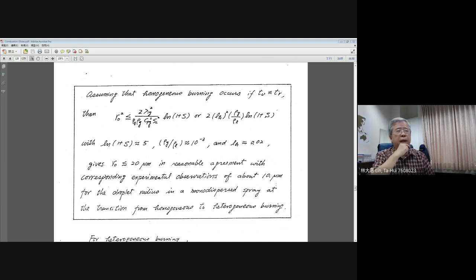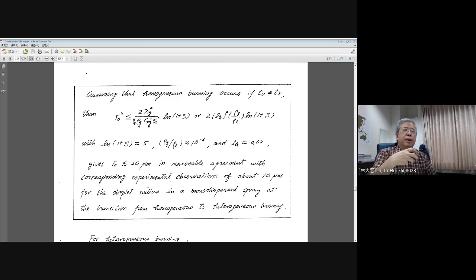Okay, remember, I emphasize again, what is the meaning of homogeneous burning? Homogeneous burning means the burning in the reaction zone has only one phase. One phase means in the reaction zone, you may have gaseous oxygen, gaseous fuel, and gaseous products, but all the species are gaseous species.